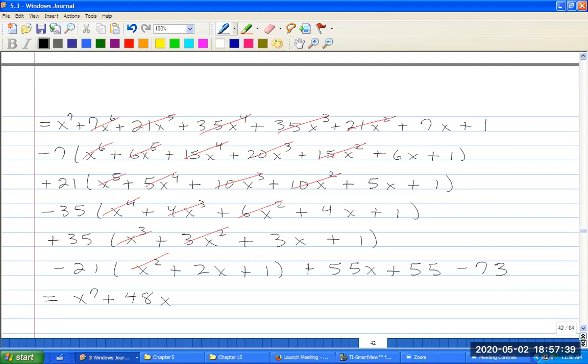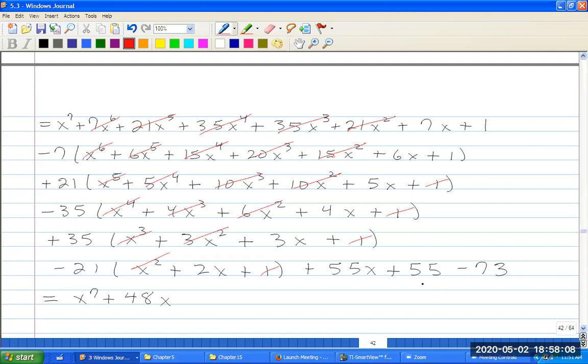Actually, I should cancel out the 35s and the 21s. So all you have left is negative 73 minus 6, so that's a negative 79.